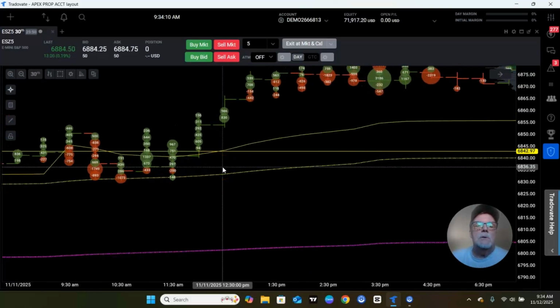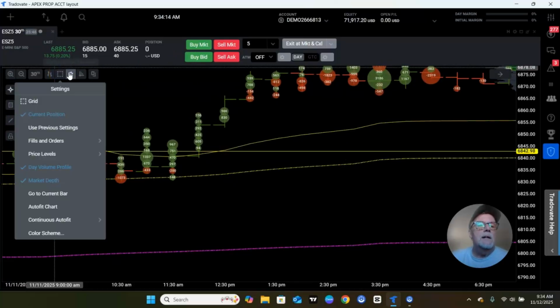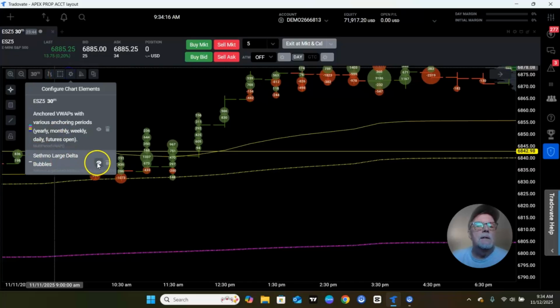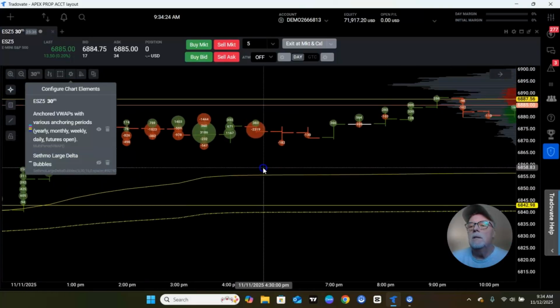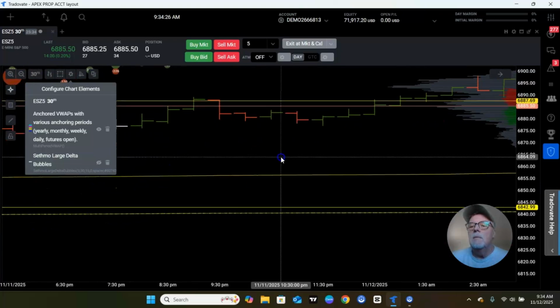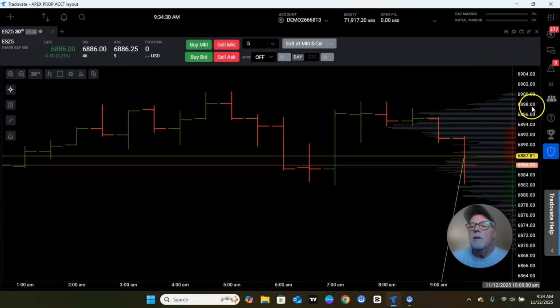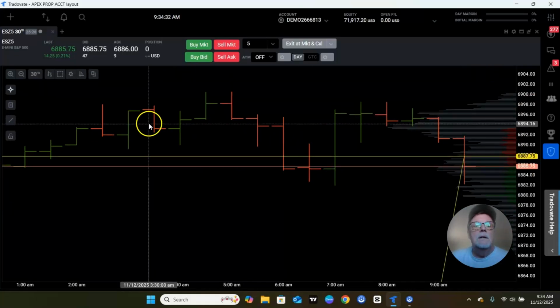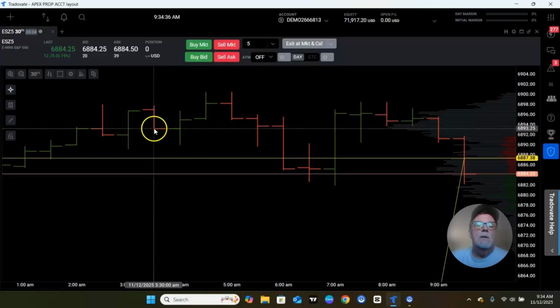the actual bars here. So if I hide this for a second, there we go. If I hide it, then I'm only dealing with bars, with an entry, a high, a low, and an exit.